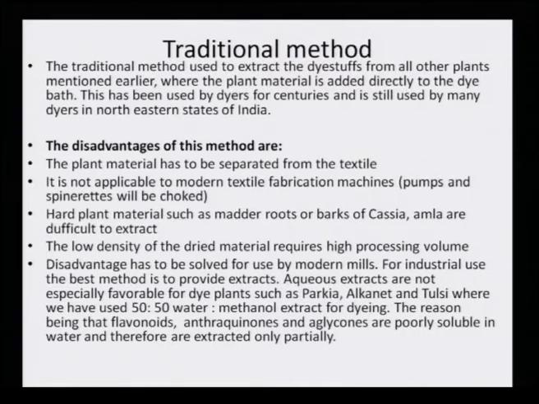These disadvantages have to be solved for use by modern mills. For industrial use, the best method is to provide extracts. Aqueous extracts are not especially favorable for dye plants such as Parkia, Alkanet, Tulsi, where we have to use a 50-50 water methanol extract for dyeing. The reason being that flavonoids, anthraquinones and aglycones are poorly soluble in water, therefore, are extracted only partially.